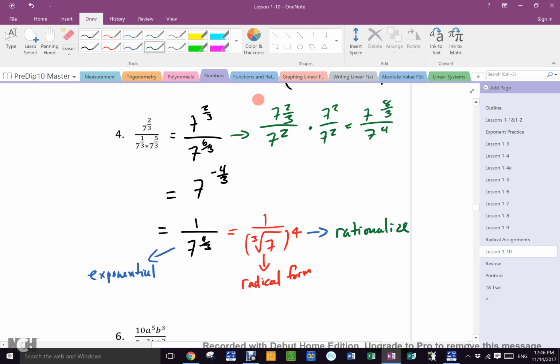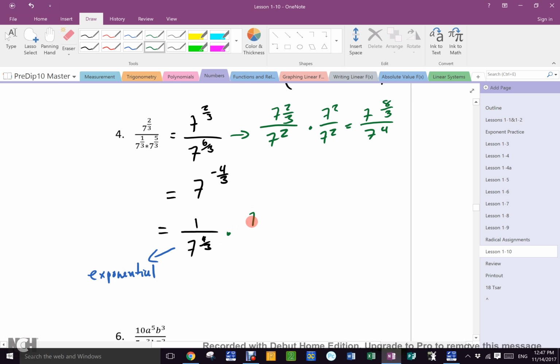When you've got to rationalize these, I like to go back to here. You guys don't need to write this down, so don't. I just want to show you. Because I know that's going to be a radical, yes?